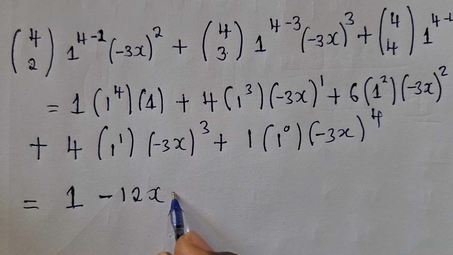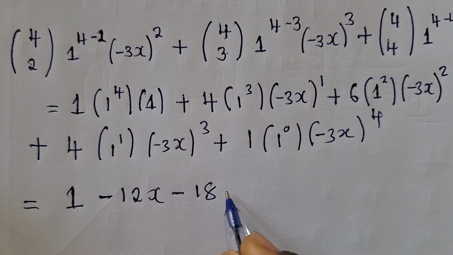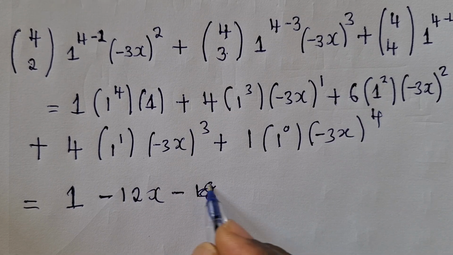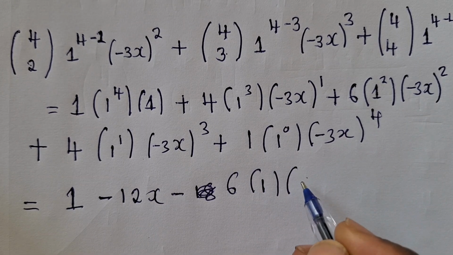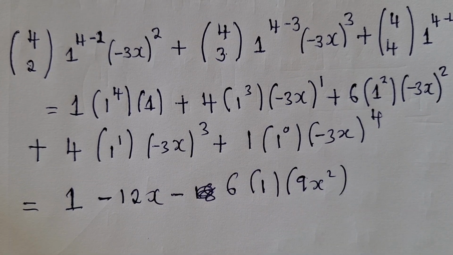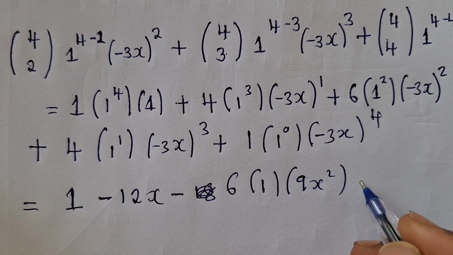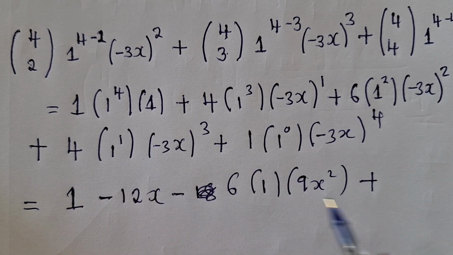For this one, it will give us a negative 18, that's 6 times 1 times 9x squared. So 6 times 9 will give us a 54. So this one will give us a 54, plus here it will be 4.